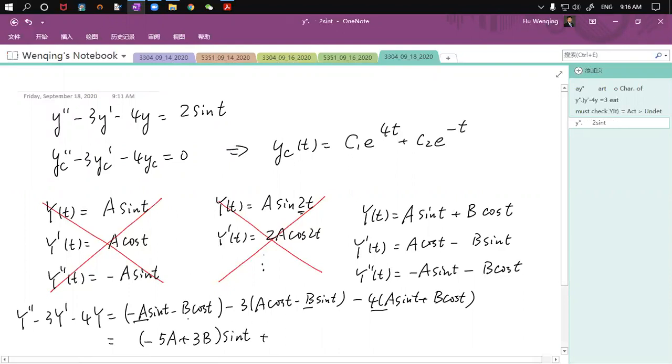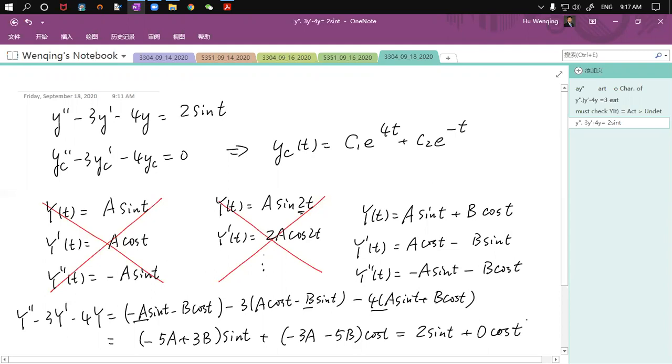The cosine t is going to be 3b, minus 3a, minus b, and minus 4b, so minus 3a minus 5b cosine t is equal to 2 times sine t, because 2 times sine t is given here. But then we can say this is 0 times cosine t.